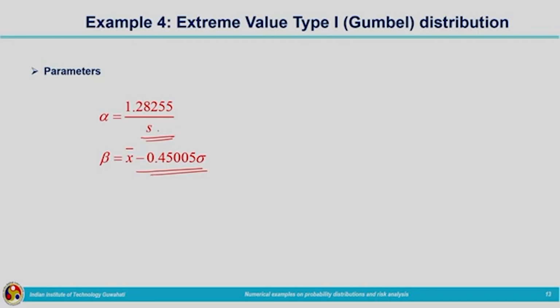Here you can see one term corresponding to s and another term corresponding to x bar is present. So, s is representing the standard deviation of the sample data and x bar is representing the sample mean. So, first we need to calculate the standard deviation and the mean corresponding to the sample data. Then only we can go for the computation of alpha and beta.